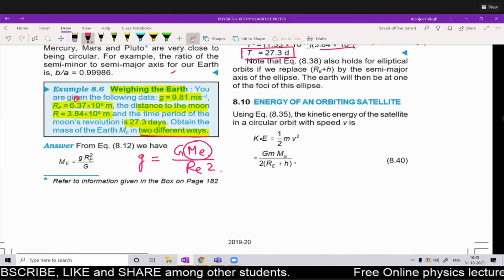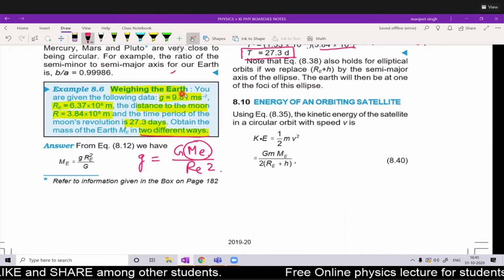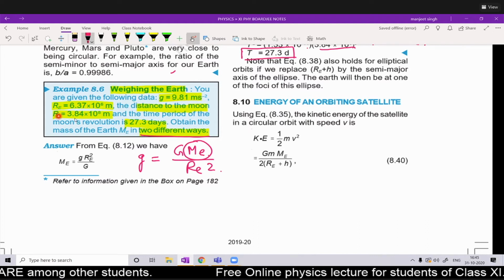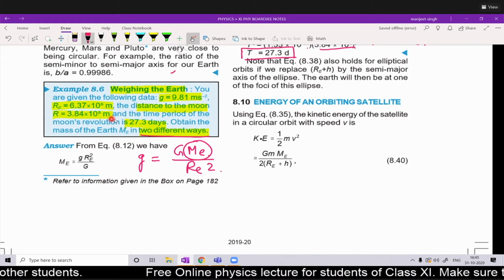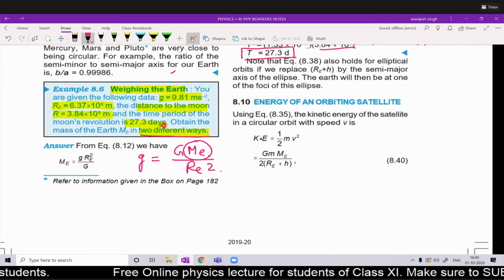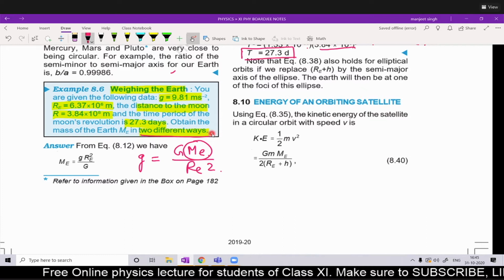Now the question, example 8.6, is asking: weigh the Earth. The value of g is 9.81, R is 6.37 × 10⁶, the distance of the Moon is R, and the time period of the Moon's revolution is 27.3 days. Obtain the mass of the Earth in 2 different ways.